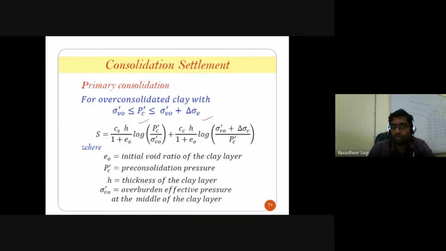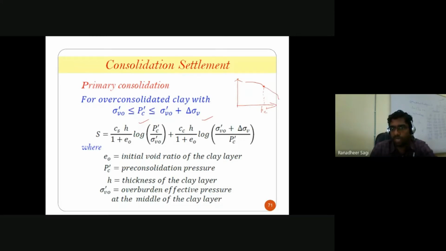But what you have to be careful about is, in the over consolidated region, when you are looking at the curve, what is the maximum range to which your over consolidated portion of the curve is extending. It is extending only up to your maximum past pressure. Beyond this, you have your normally consolidated portion of the curve.